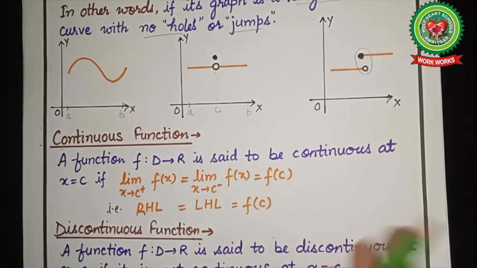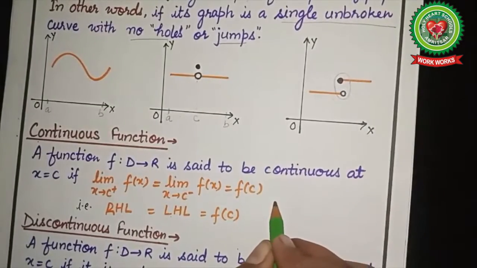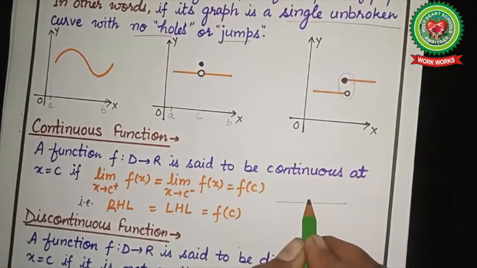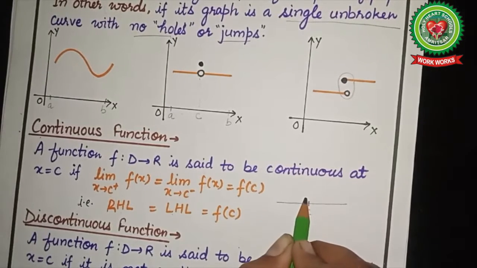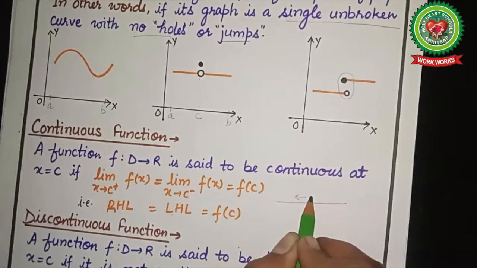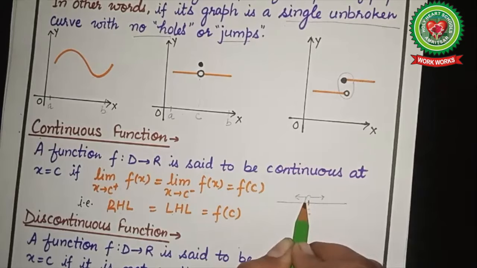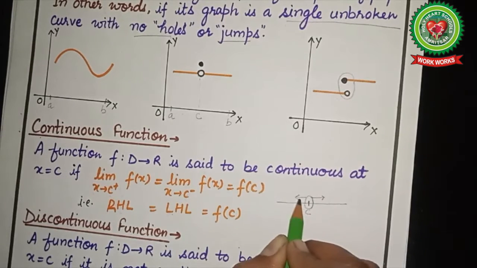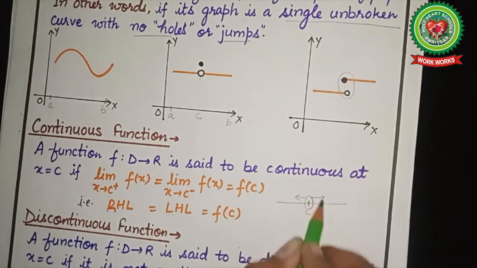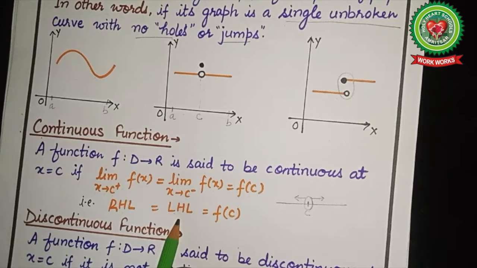And f(c), we have to check three values. If we have to check the continuity at this point, we will check its left hand value, right hand value, and the value at this point. If all these values are equal, only then the function is continuous, otherwise it is discontinuous.